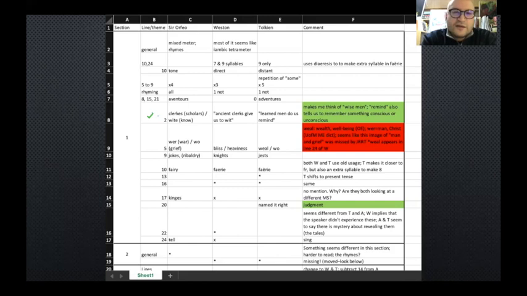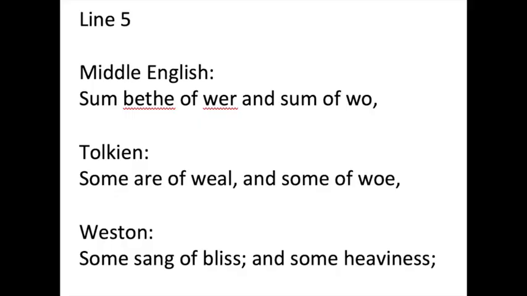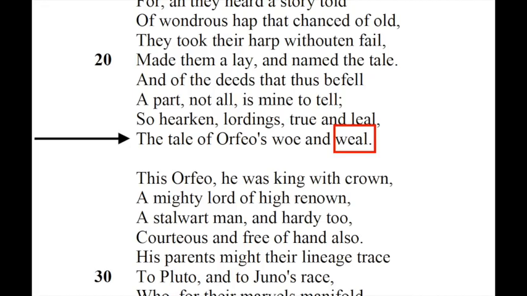Tolkien translates line 5, war, into wheel. And I'm having a hard time finding out what wheel means, but it means wealth or well-being in the Old English. And where I think Tolkien is influenced by Weston is that Weston later on in line 24 uses the word wheel.